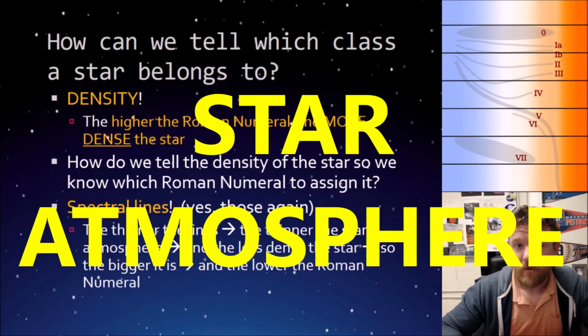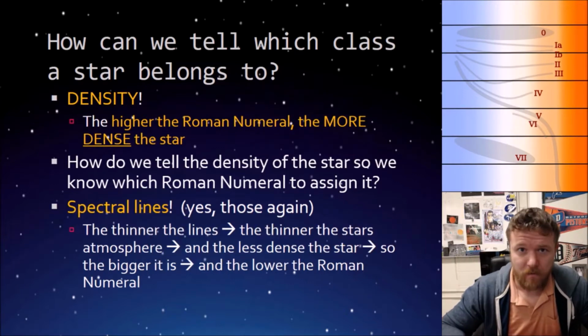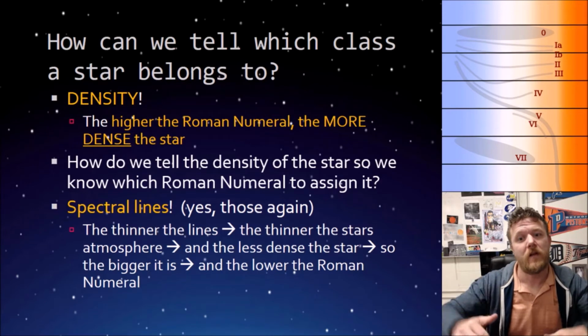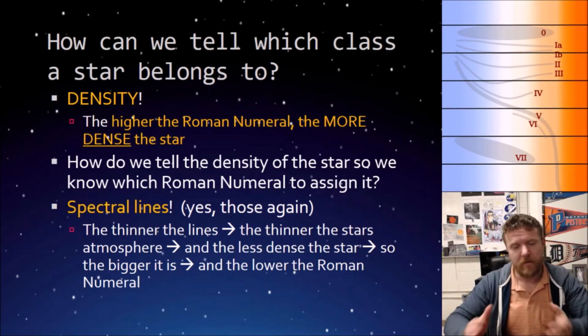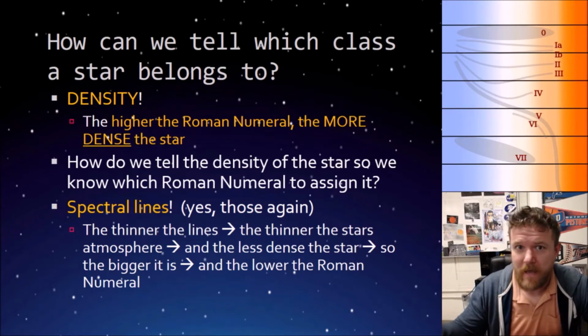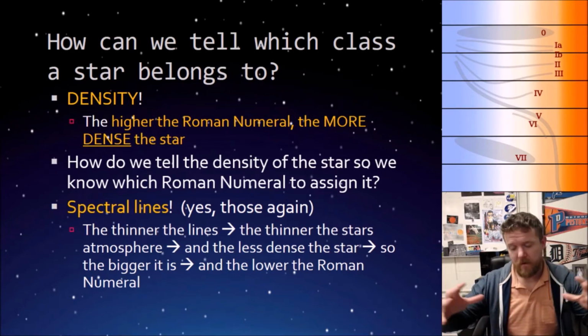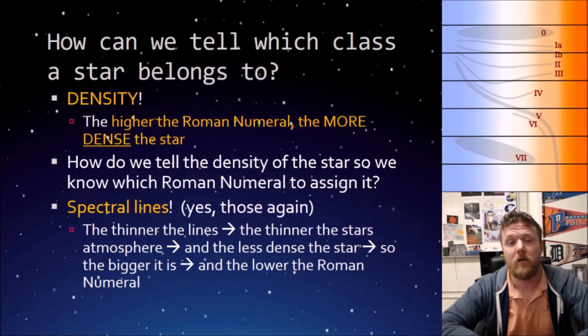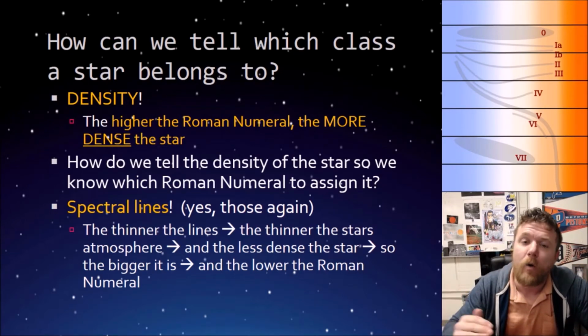Thinner the atmosphere, the less dense the star. The less dense, the more spread out it is, which means it's a lower Roman numeral. So let me repeat that. Thin line translates to thin atmosphere. Thin atmosphere is a very spread out star, so it's a very large star. And we're going to give that a low Roman numeral.